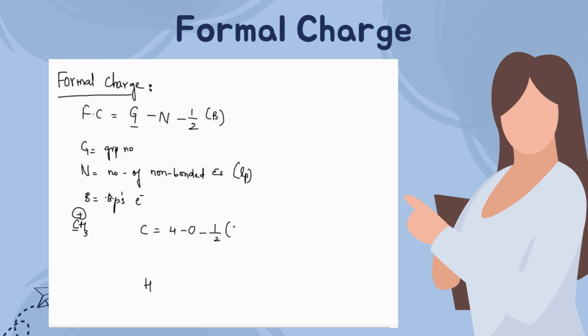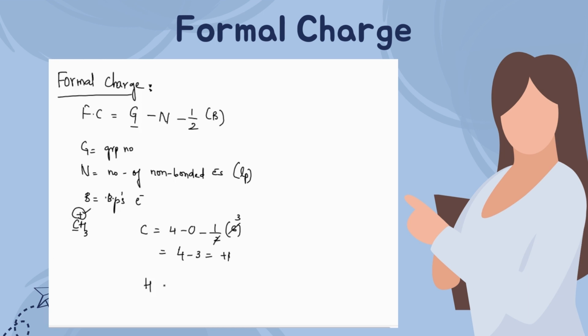So there are 3 bonds, 3 into 2 you get 6 bond pair electrons over here. So this is equal to 4 minus half into 2 into 3, which is 6. Okay, so 4 minus 3 you get 1. So the charge on carbon is plus 1. You can see it in the ion itself.